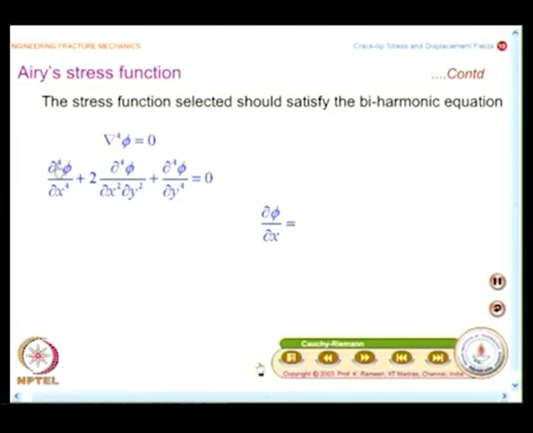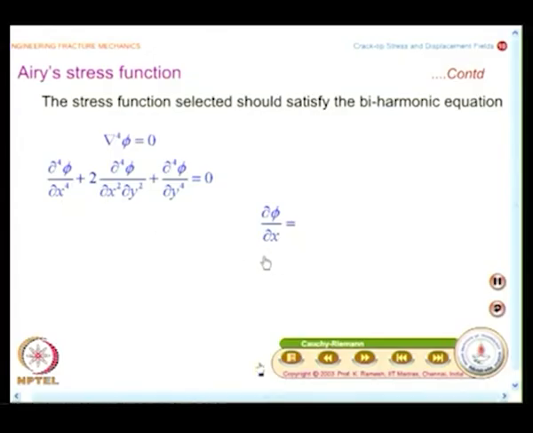I have this as dou power 4 phi by dou x power 4 plus 2 times dou power 4 phi by dou x square dou y square plus dou power 4 phi by dou y power 4 equal to 0. First thing I have to do is get dou phi by dou x, then go on with it until I find dou power 4 phi by dou x power 4.